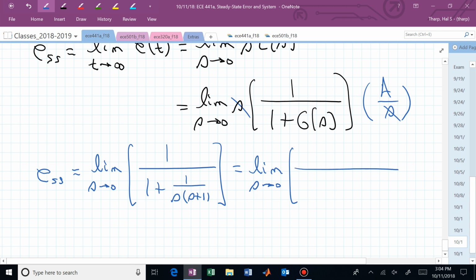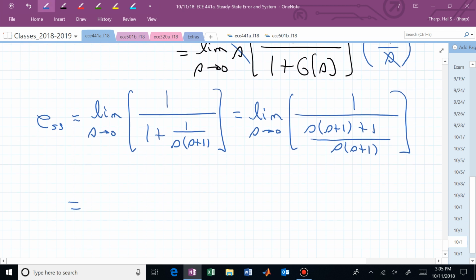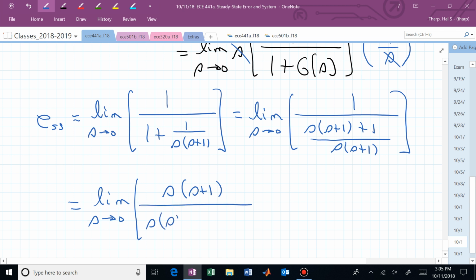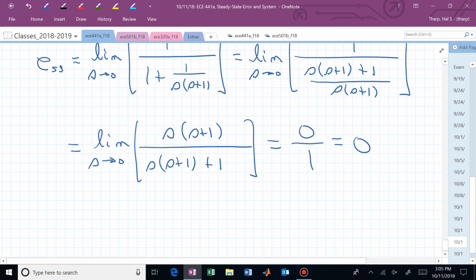Let me put the denominator over a common denominator. And now let me move that denominator of the denominator upstairs into the numerator. And if I now let s go to 0, you can see that the denominator is well behaved. I have a denominator that in fact goes to 1, the numerator goes to 0, and now I have 0 for my steady state error.